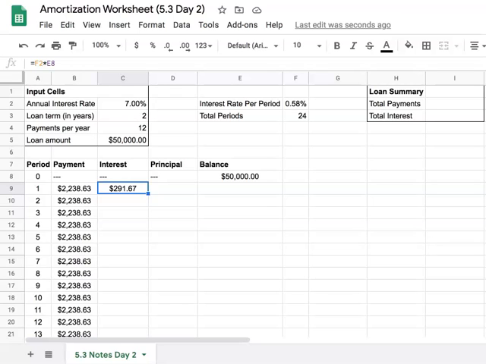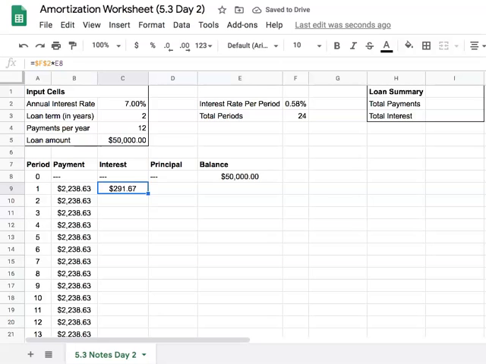So the way that we can change this so that the interest rate stays the same is to keep F2, but have E8 shift down. I'm going to put this dollar symbol in front of F and in front of 2. Now you can see that the answer here is still the same.